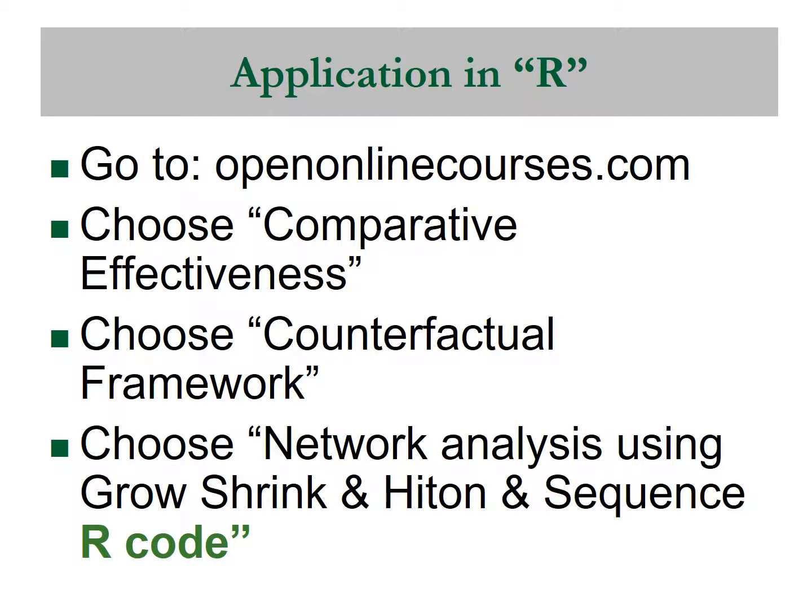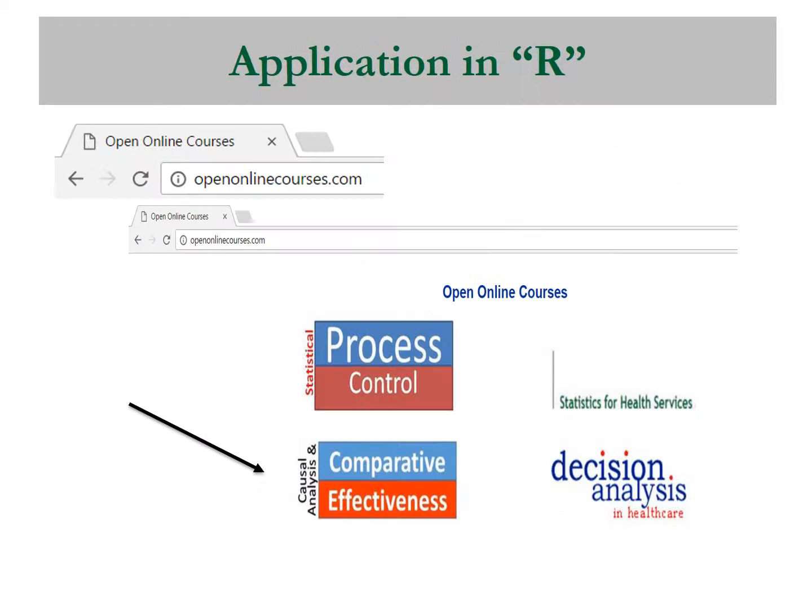I will also share these steps with you one by one, but we will basically be going into a website where everything is provided for us. You type in the browser openonlinecourses.com, and we will choose comparative effectiveness, counterfactual framework, and then network analysis using Grow-Shrink, Hiton, and sequence R codes. We'll do this one by one, no worries.